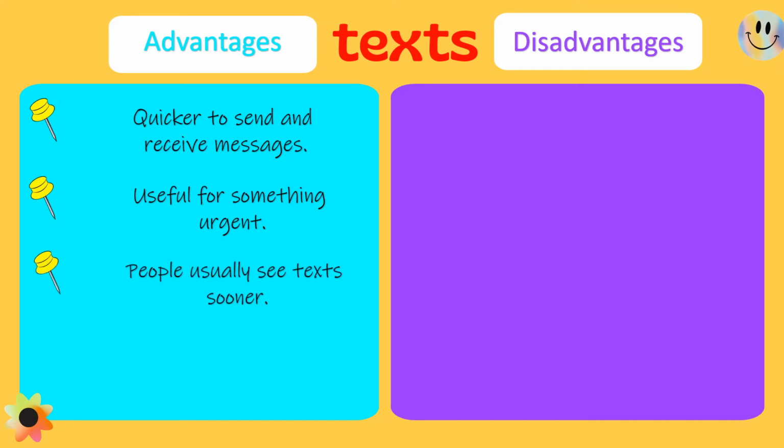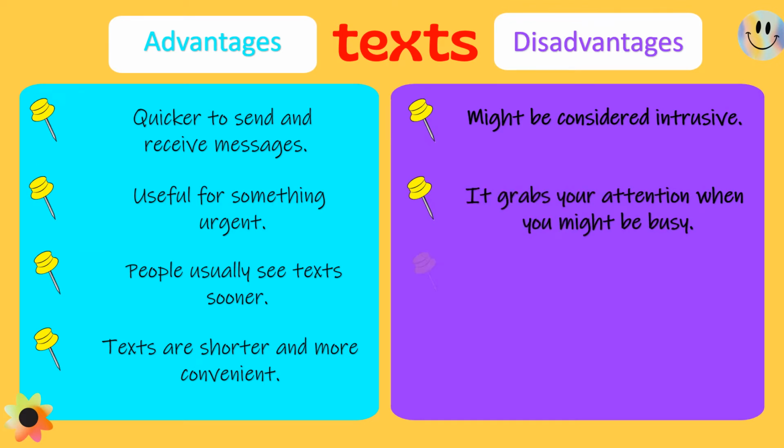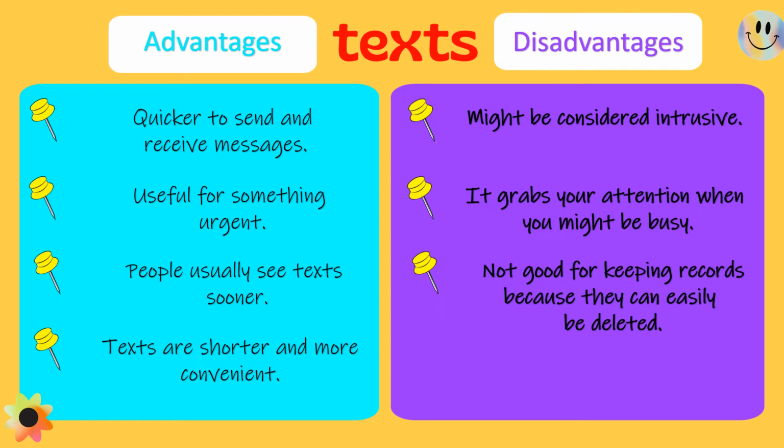People usually see texts sooner, and texts are shorter and more convenient. Disadvantages: it might be considered intrusive, especially if you're at home with your family. It grabs your attention when you might be busy. It's not good for keeping records because they can be easily deleted.